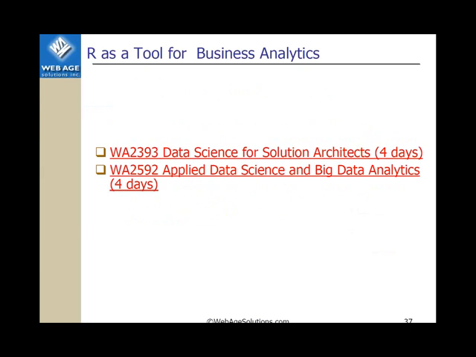Okay, so we've got data science for solution architects, and we've got data science and big data analytics. They've got some overlapping content. They are not absolutely segregated, but they've got some distinguishing features. So visit our website, Web Edge Solutions, and look up the outline.